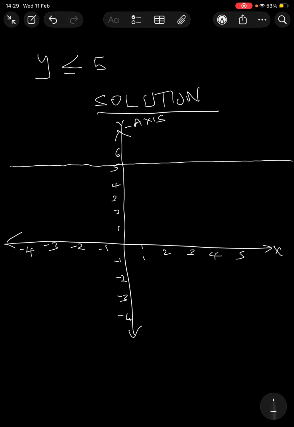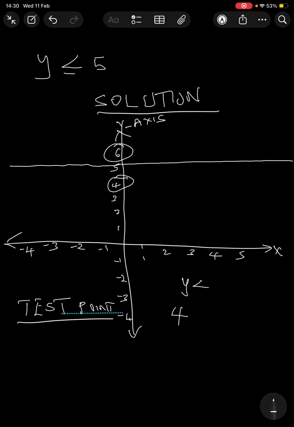Then test point. Just pick a point below the line and above the line. Below the line, 4. Above the line, 6. Below the line it is 4. And our original linear inequality is y less than or equal to 5.